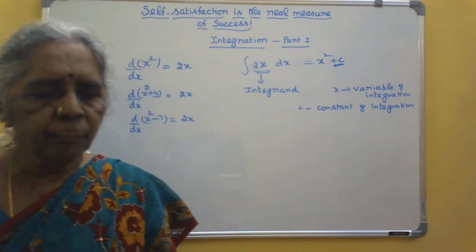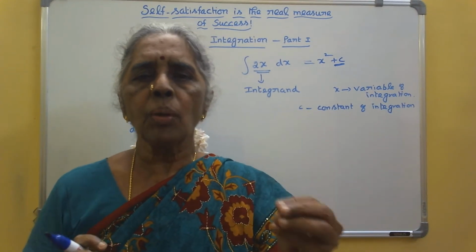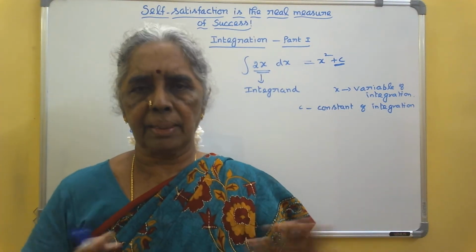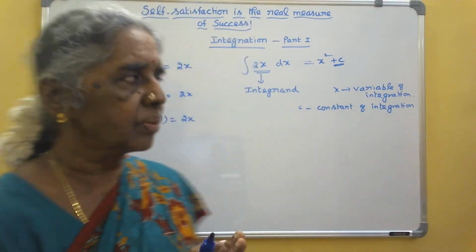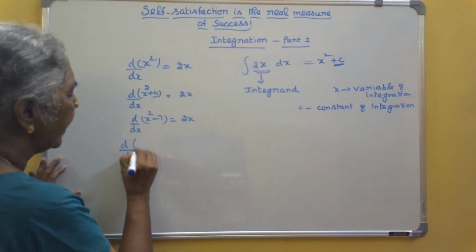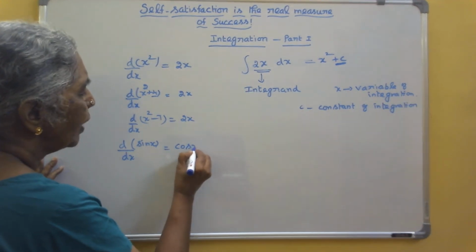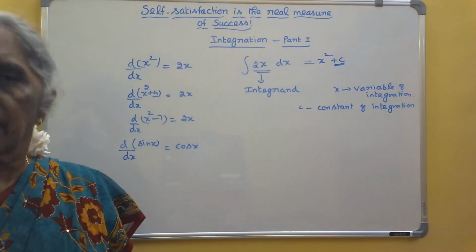Okay, fine then. Now, let me give you a few more simple examples, that is, straight examples. Now, you know, if you differentiate sin x, you will be getting cos x, correct?